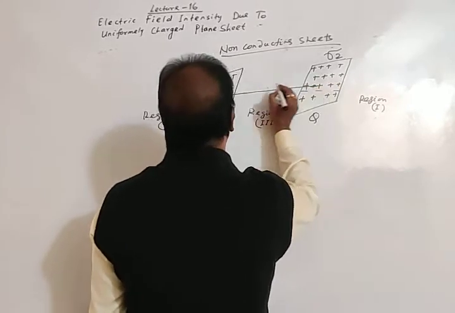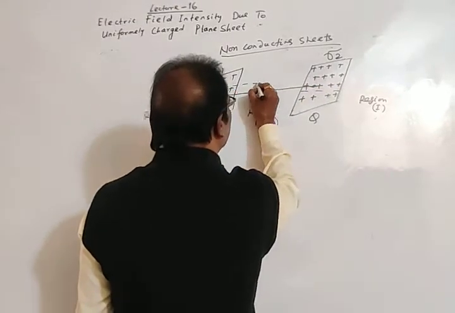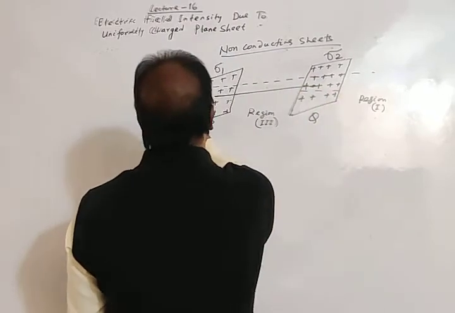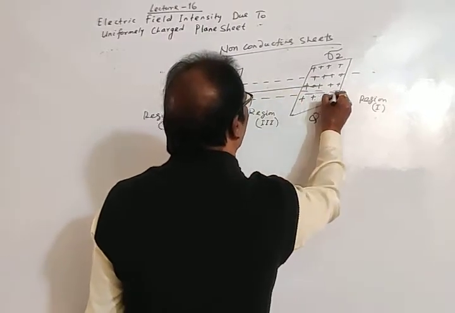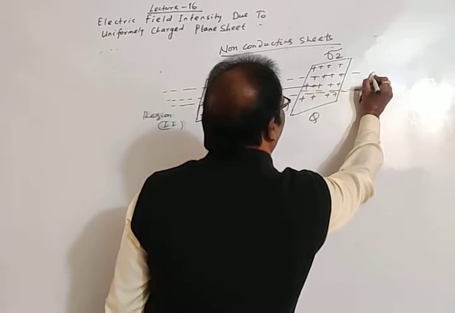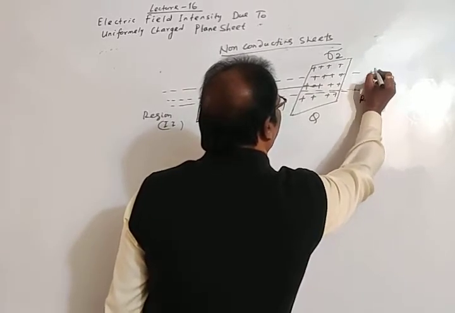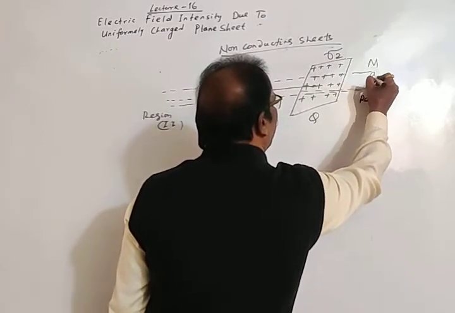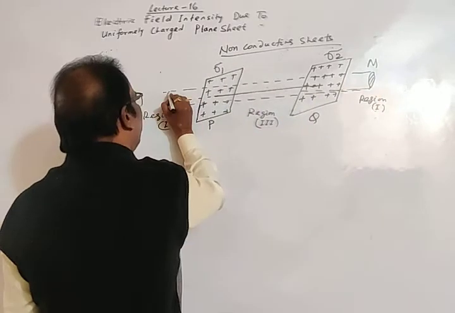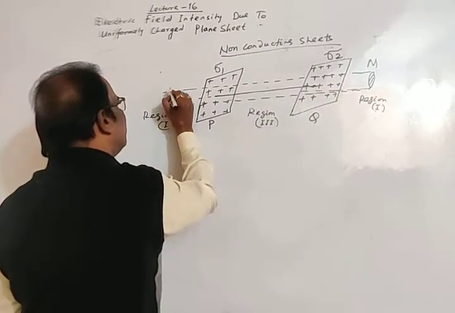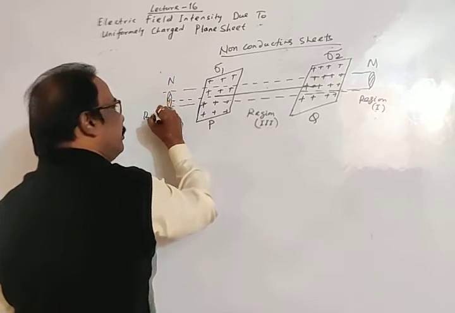Similarly, we consider an elemental area here, let this be M, elemental area is dA. Here also elemental area is dA.